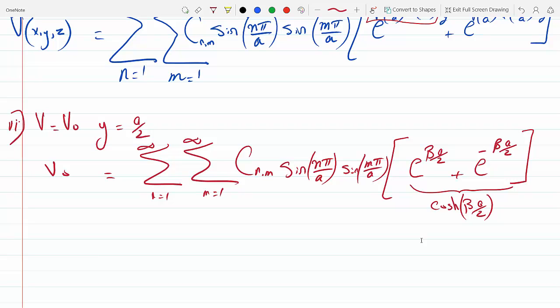And so let's do that. I'll move this cosine hyperbolic to the left just to make it less cluttered here. Oh, and there's a 2 here because this is technically over 2.